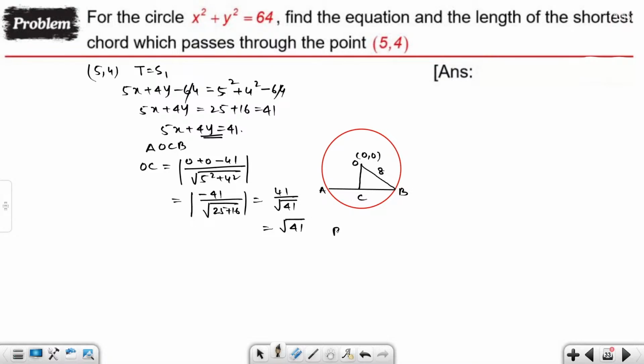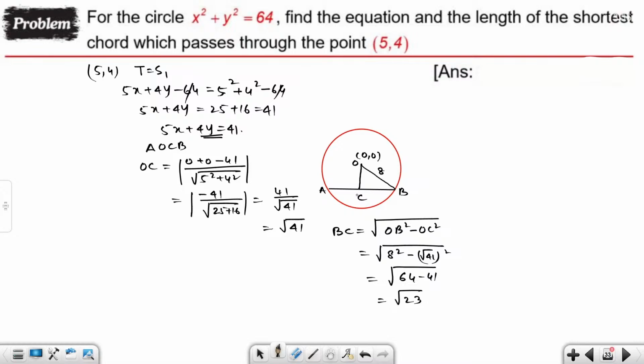Therefore, what is the length BC from the Pythagoras theorem? We will write it is root over of OB square minus OC square. What is OB square? That is 8 square minus OC, root 41 square. So we are having root of 64 minus 41. So that gives us root 23. Is it clear?